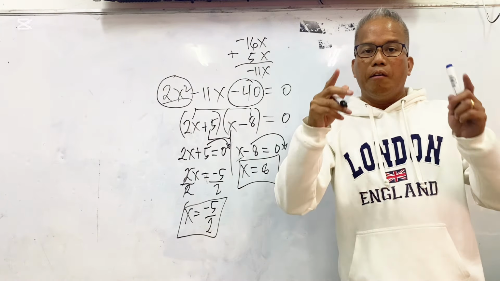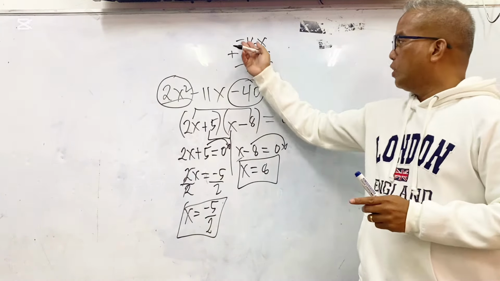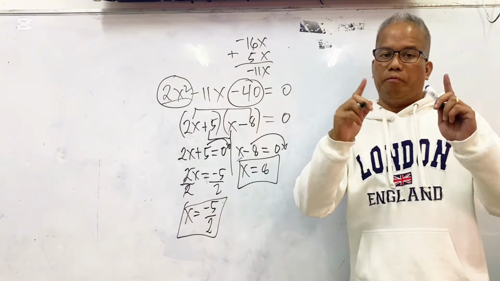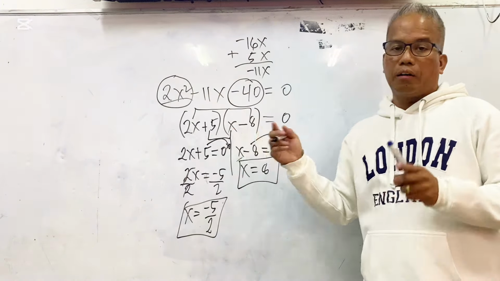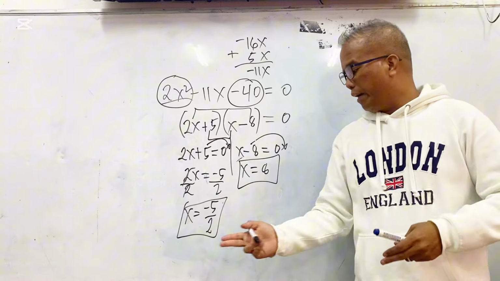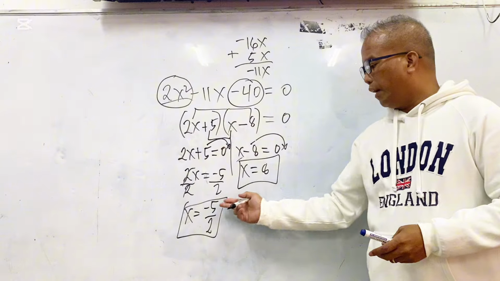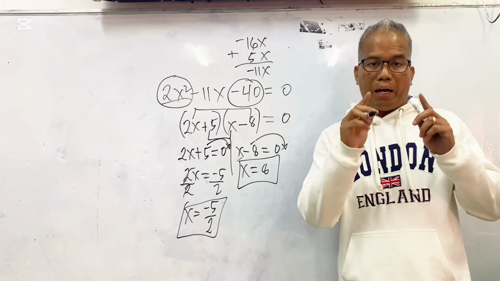Then after that, you need to add. Once you add, the answer is -11x. It's the same as here, so it means your factors are correct. Then continue solving until you get x equals 8, then x equals -5/2.